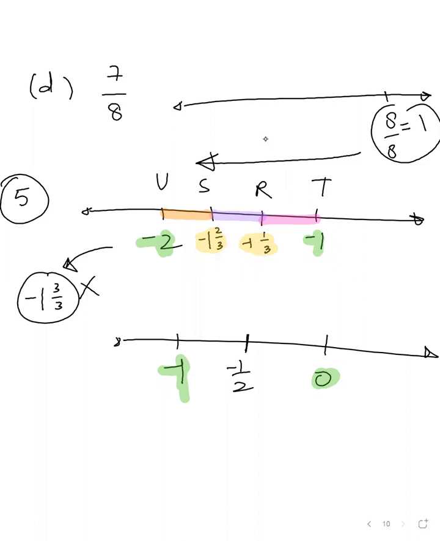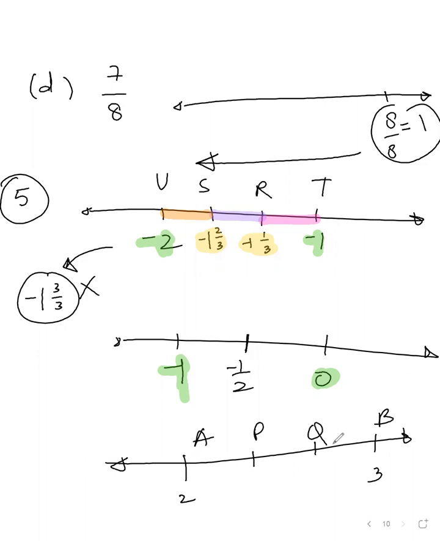Good. So now can you tell me the same thing for A, P, Q, B. It will be 3 by. No, Hiba, this is positive.